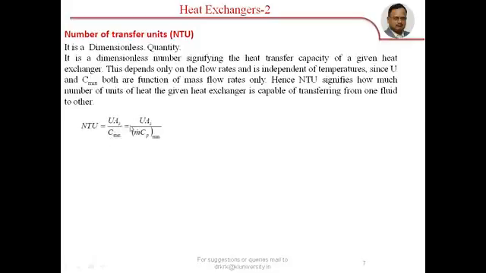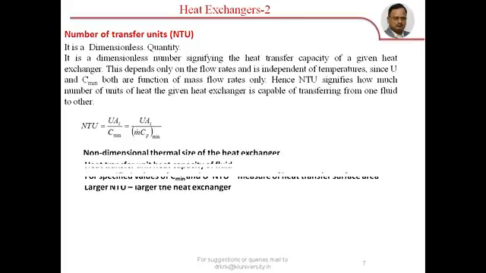So NTU is UA by C minimum, where C minimum is the minimum heat capacity, which is nothing but the product of mass flow rate and specific heat of the fluid.